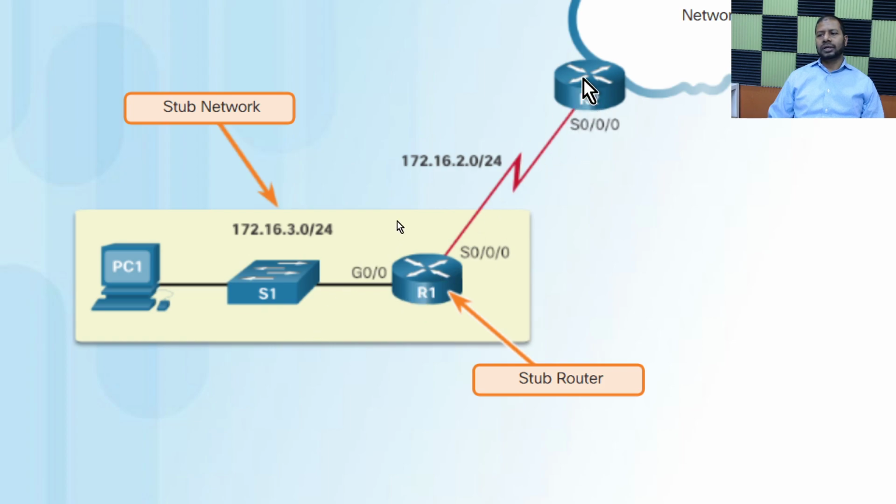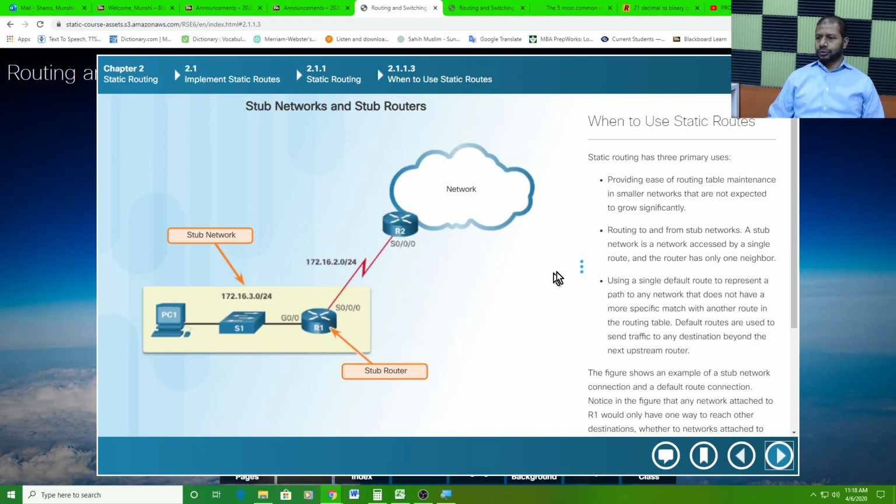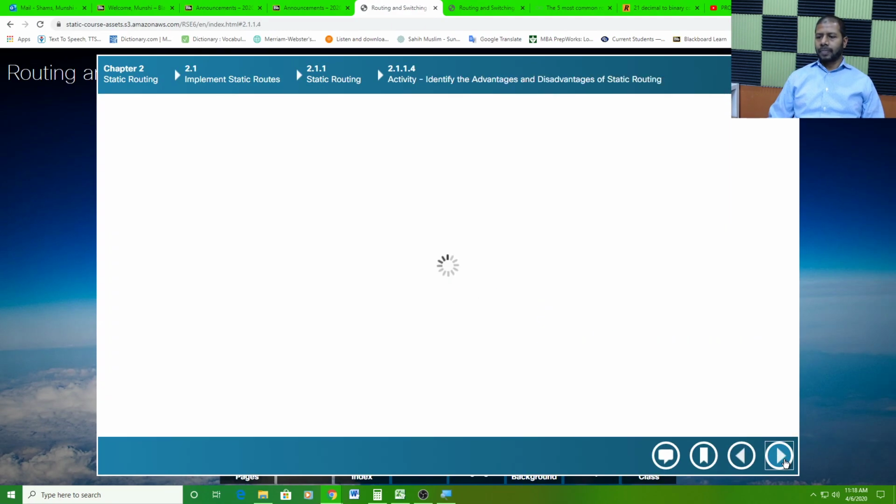R2 is the only way to go into the outside world. Therefore, in this scenario, static routing would be good. R1 knows that for all packets other than this internal network, for all other destinations, I have to send the packet to R2. That's it. So in this kind of simple scenario, always remember, a stub network is a network that is handled by one router and has only one way to get out. That's called a stub network. So static routing is good in this.